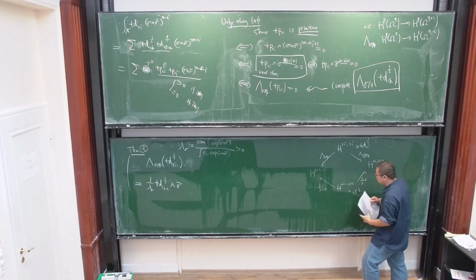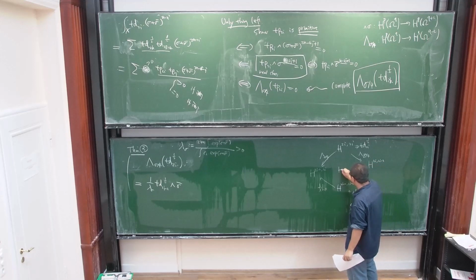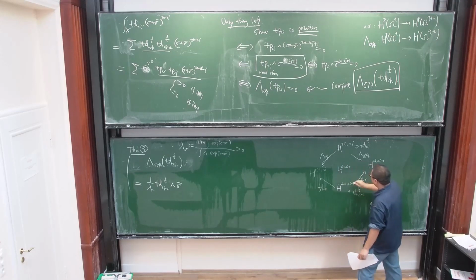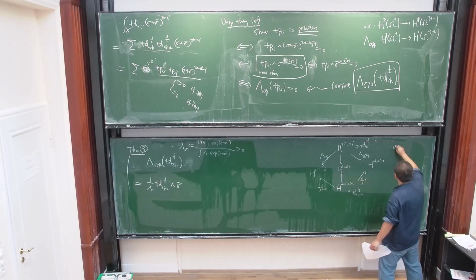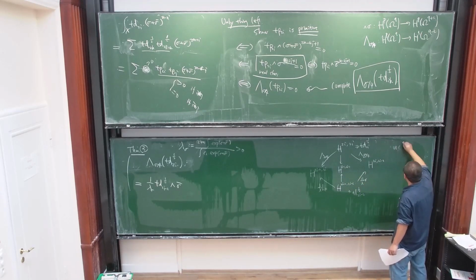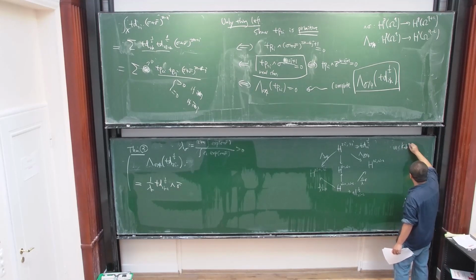Actually, there's something in the middle. Something in the middle is we can consider H^{2i-1}, 2i-1. And we just fix omega, so this is a Kähler class.